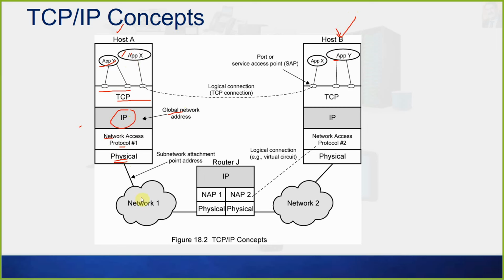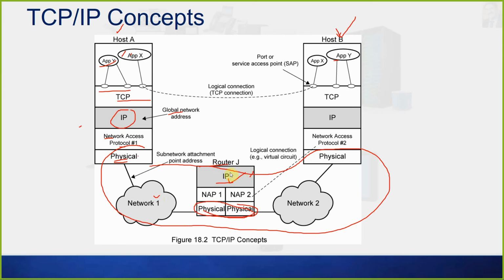The physical layer has the physical connectivity, using routers, physical cables, channels, and fiber channel between different networks. So physical to physical happens at this level, through routers, channels, cables, and bridges.